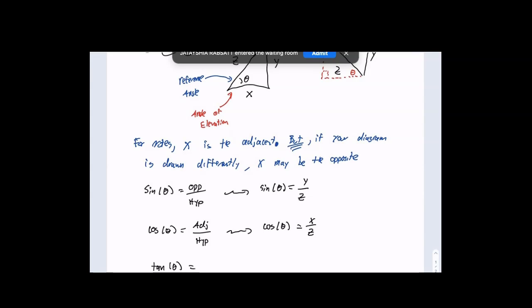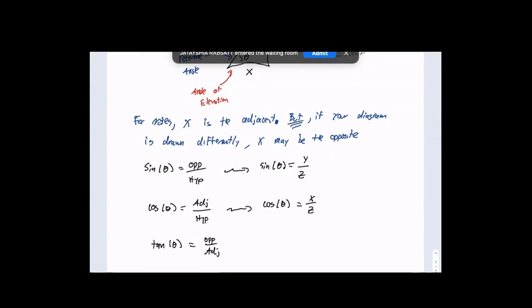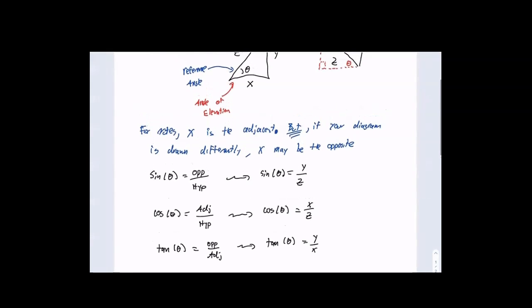Tangent of theta is the opposite over the adjacent, and therefore tangent of theta would be y over x. And once again, that is in the scenario that x is the adjacent and y is the opposite.